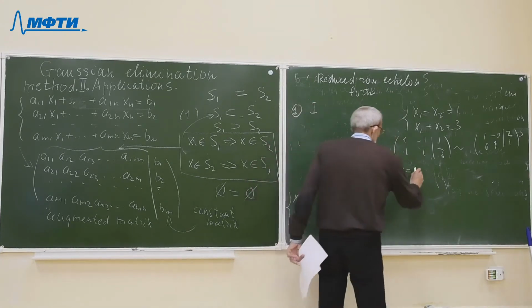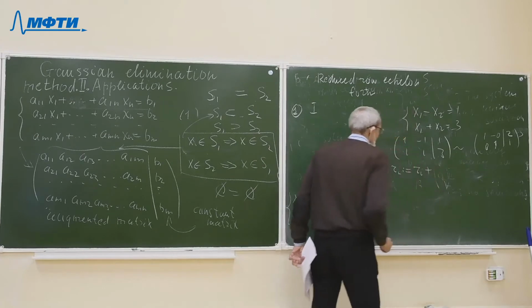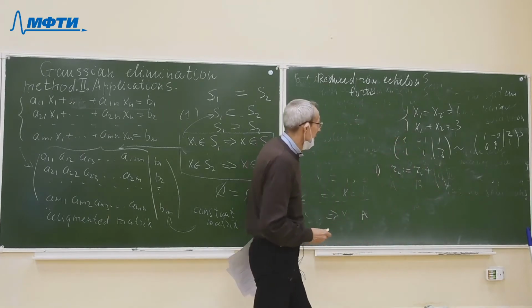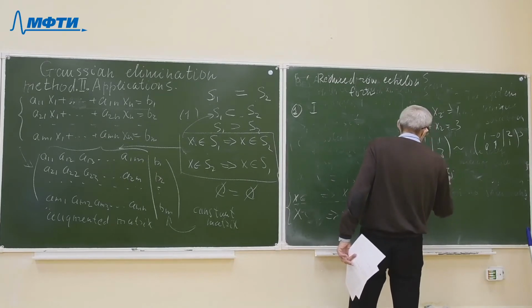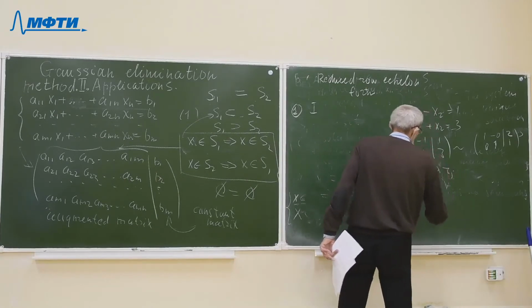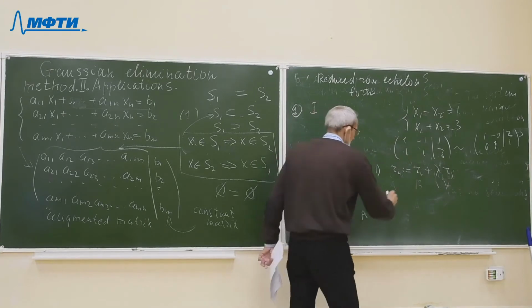We add to row number i the row number j, which is multiplied by some constant lambda.